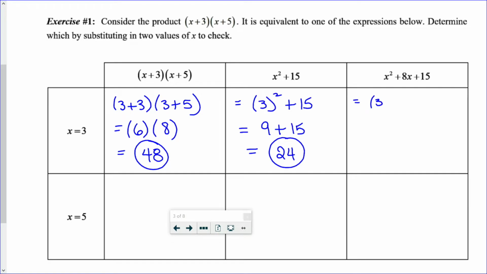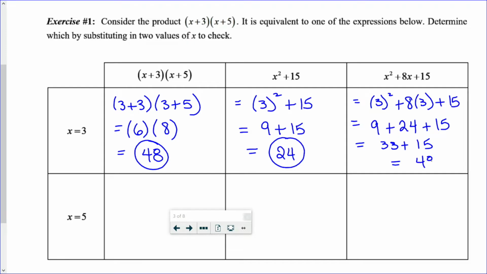That's going to be 3 squared plus 8 times 3. Notice how I keep putting the 3 in parentheses. It gives me a good place to put that input. 3 squared again is 9. 8 times 3 is 24. Plus 15. 9 plus 24 is 33. Plus 15, and that is 48.